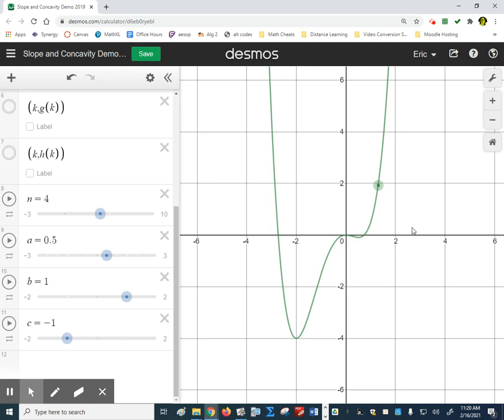Okay, we know it can't be quadratic because it looks goofy. It's got some extra turning points in there, right? And then remember from algebra 2, we know that this has 1, 2, 3 turning points, doesn't it? 3 extrema, right? So we know if it has 3 turning points, then the degree of the polynomial has to be at least 1 bigger than the number of turning points, right?